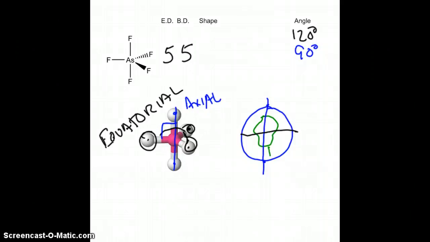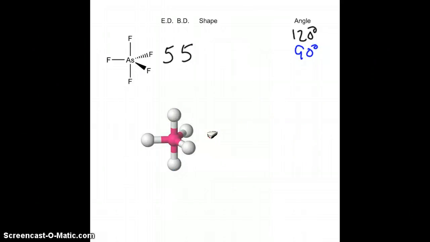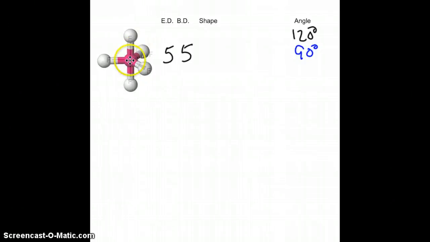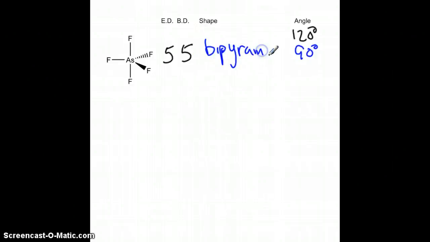So you have all sorts of things going on here, and it makes for a really interesting molecule. So if we look, that again overlays pretty well with that. So I'll get rid of that. But the shape of this now is called bipyramidal.